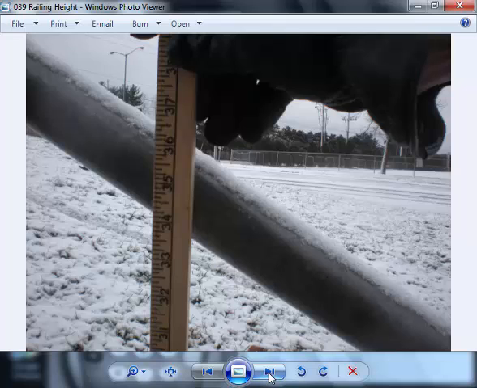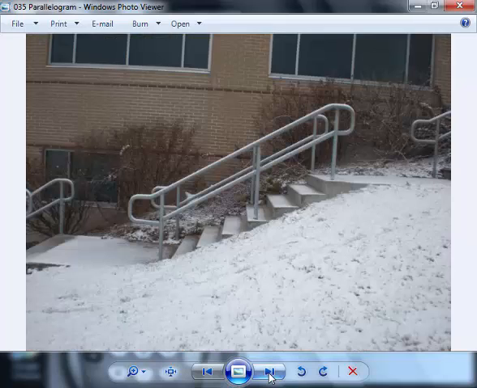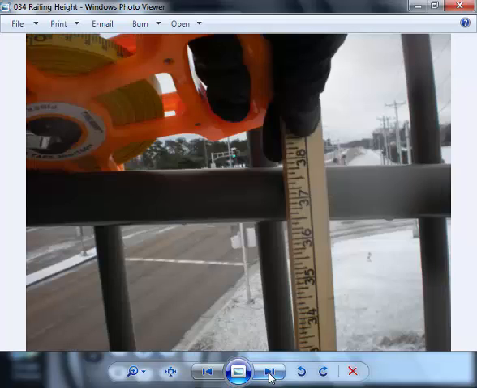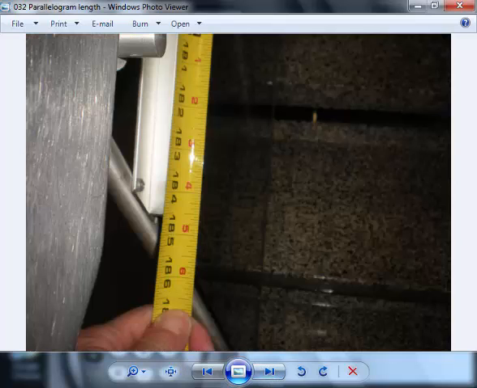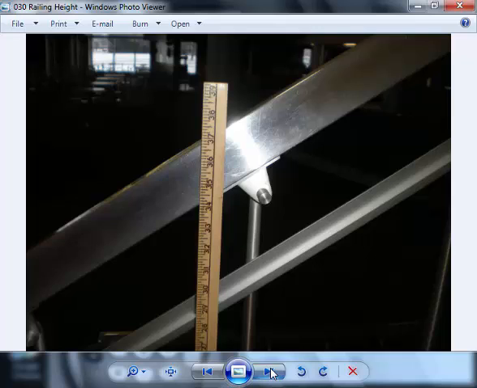Here's another example. Oops, I thought that I had a sample of the size of the stairs, but I don't. This one I do. Okay, the height here is from 6 inches up to 29 inches. 6 inches to 29 inches makes that 23 inches.